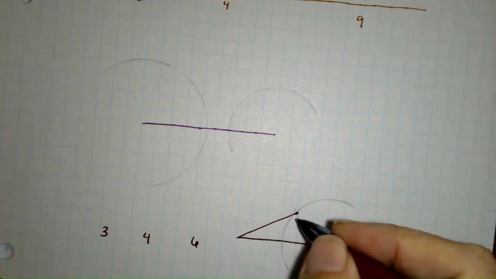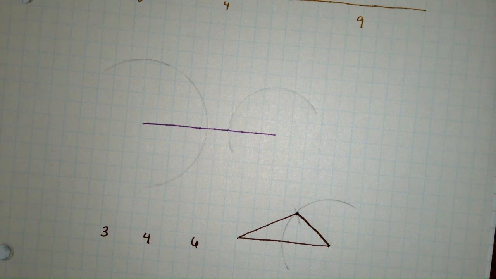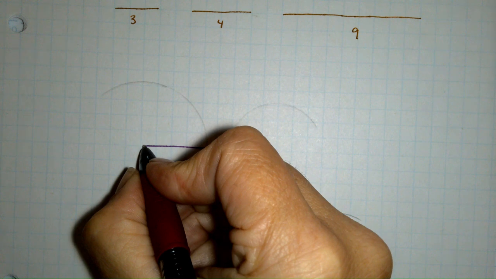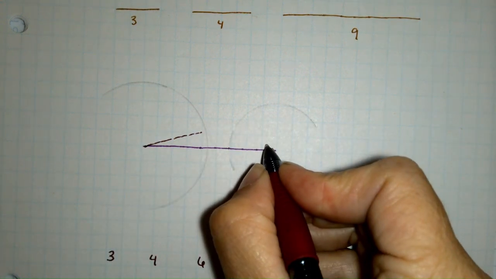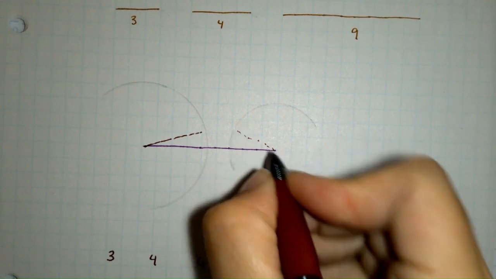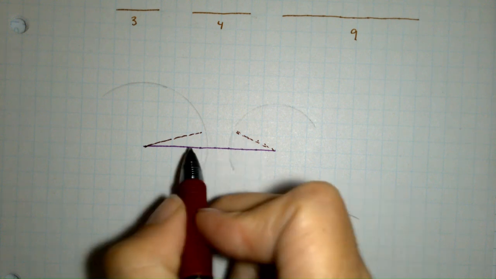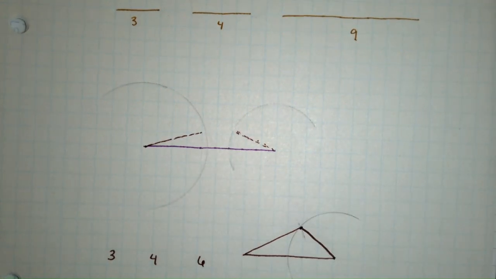So why could I do 3, 4, and 6, but not 3, 4, and 9? Well, here's why. With the 4, we were trying to see how they're not long enough to touch in the middle. So your 2 short segments always have to be more than your 3rd when you add those segments together.